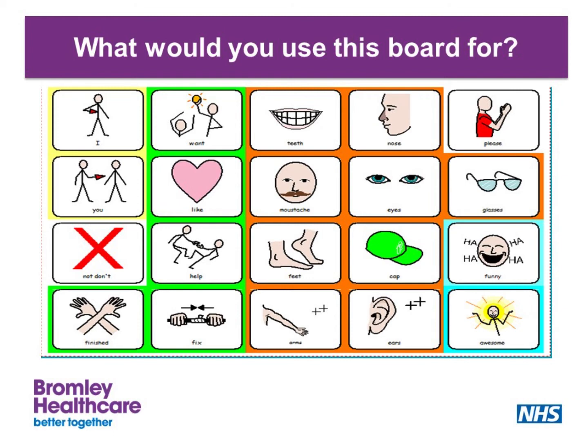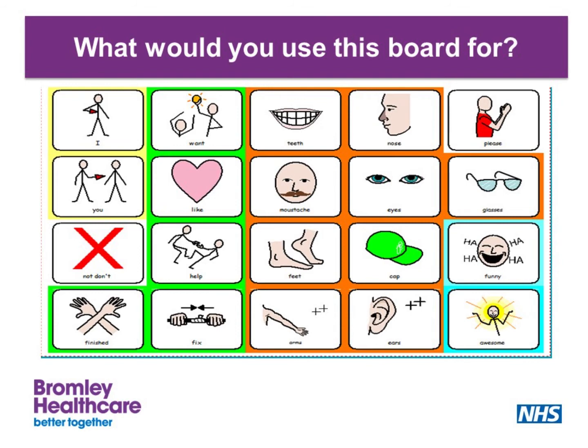We want them to be able to grow into their AAC systems, and we want to be able to model the next stage up. So if they're saying want hat, cap, then we're saying you want cap or I want cap. You are modelling the next stage up.